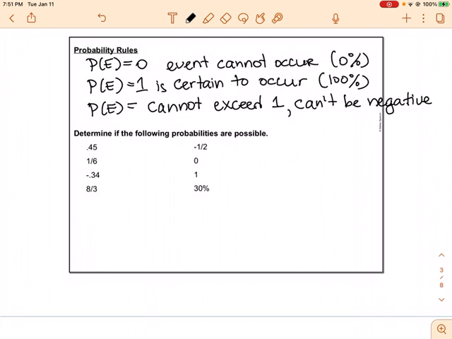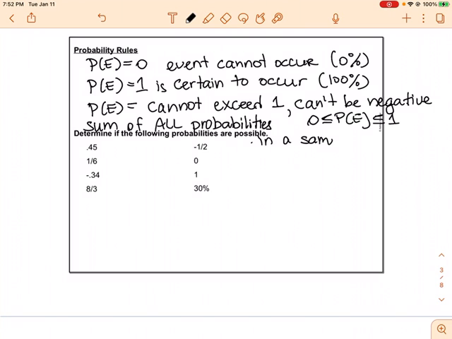So probabilities must be between 0 and 1, or 0 and 100%. And the sum of all probabilities in a sample space must equal 1 or 100%.